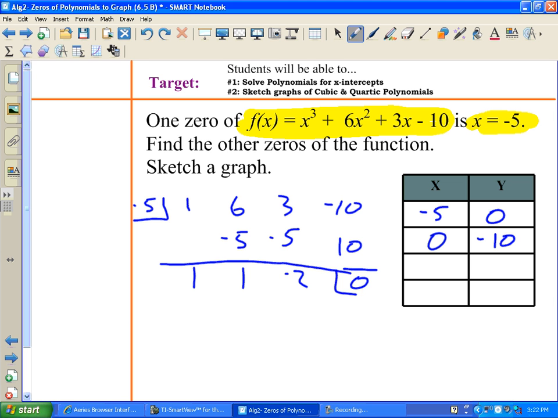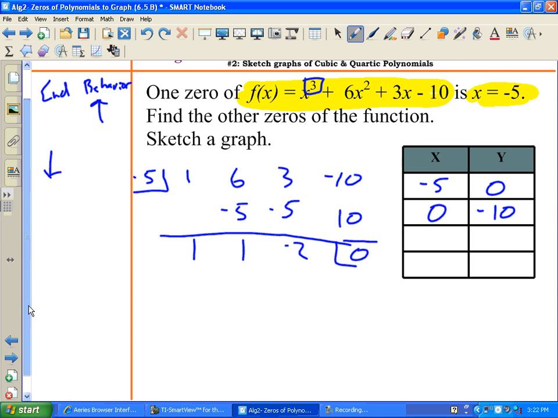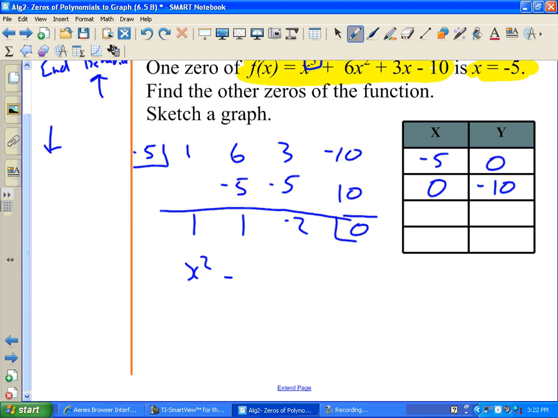We've taken out that root. We had x cubed originally. Reminder, x cubed talks about our end behavior. It's positive and it's odd. That's what it's going to look like for end behavior. And I've gone from x cubed down here to now x squared plus x minus 2. We're looking for roots.